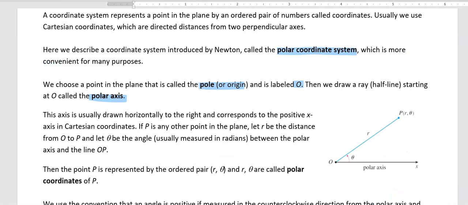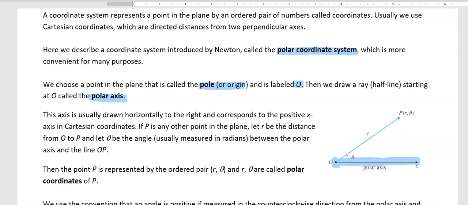So in this picture to the right, you can see that we have the polar axis along with the origin. Our origin is where the O is, and then the polar axis is that horizontal axis, very similar to your x-axis.